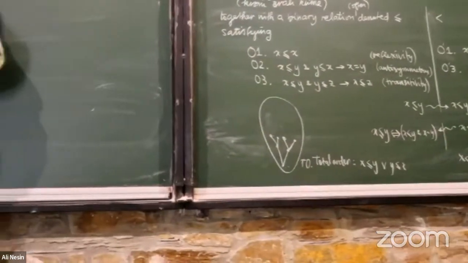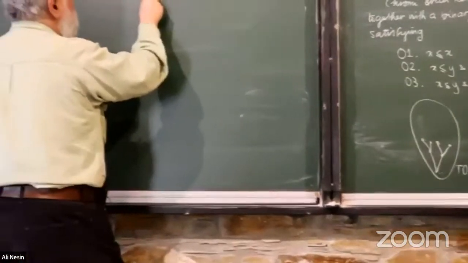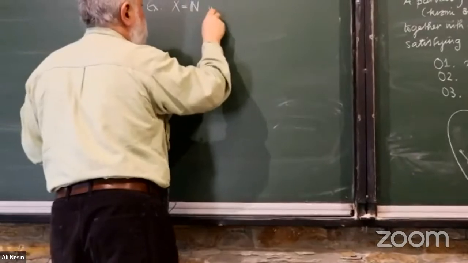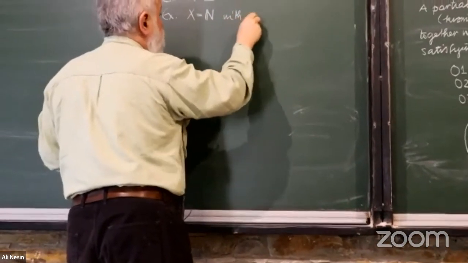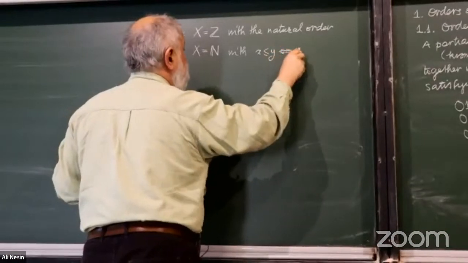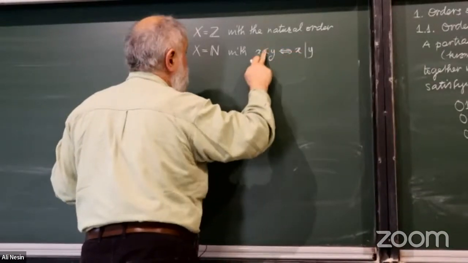Second example: take again X equal to Z if you want to, or natural numbers, and define x is less than or equal to y if and only if x divides y.